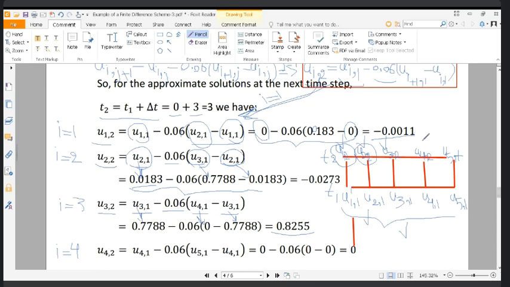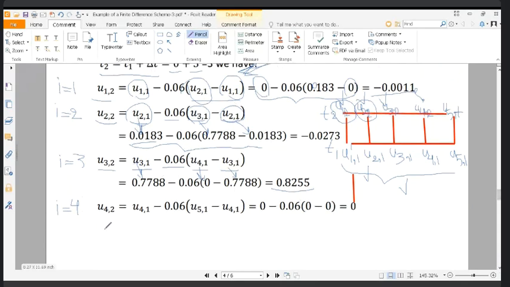For the next point, we compute the value of u at x4 and t2. For u4,2, we have u4,1 minus 0.06 (u5,1 minus u4,1). All of them are values of u at T1, and they are known. u4,1 is 0, u5,1 also is 0, and the value of u4,2 is also 0.